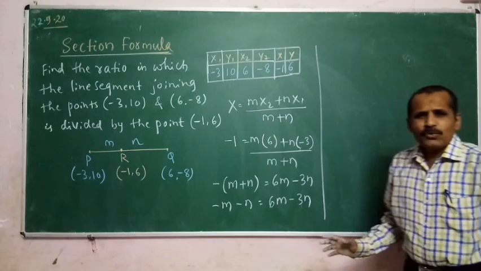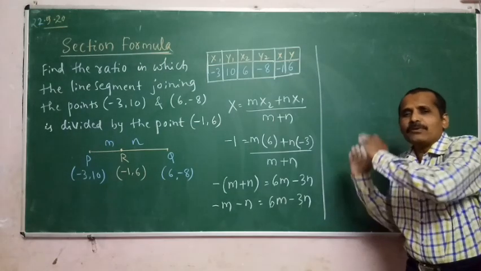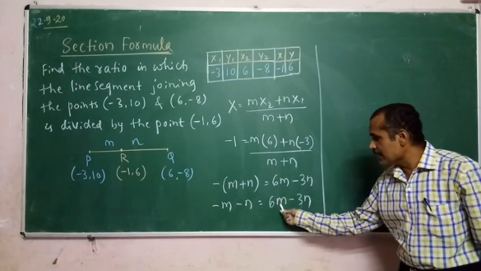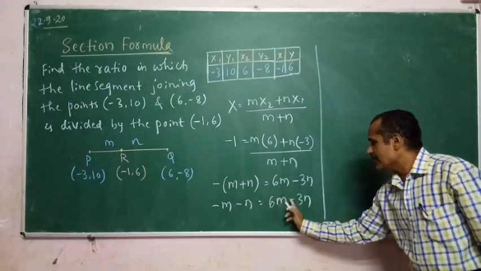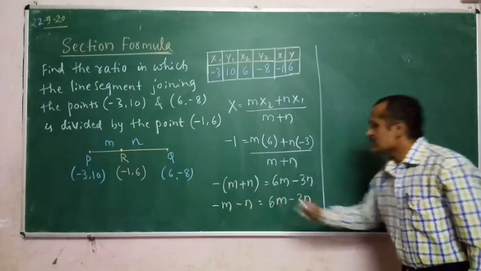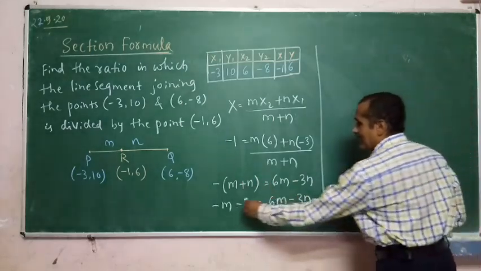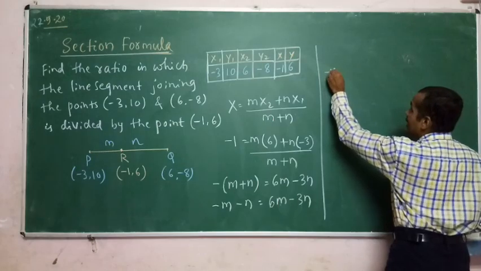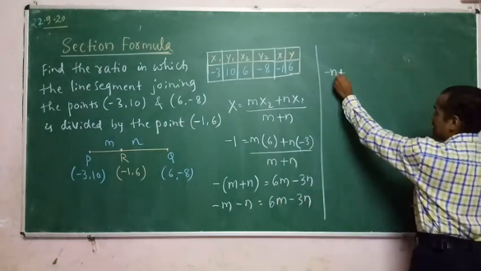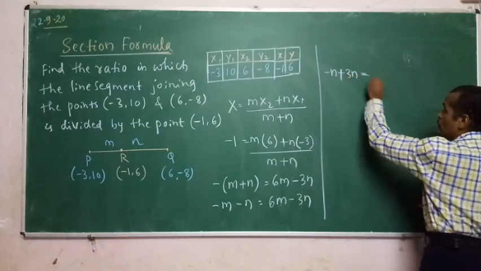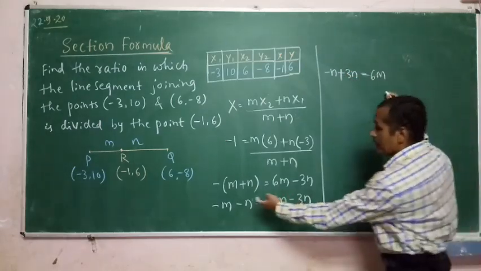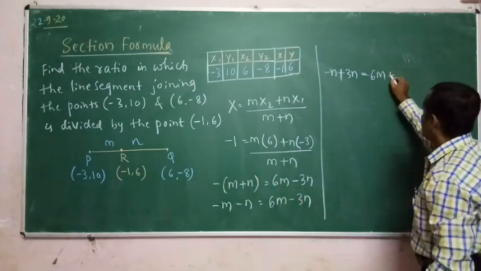Okay? What will I do? I will bring m to one side, n to the other side. Since m is bigger here, I will transfer this minus m to this side, whereas I will take the minus 3n to the other side. What happens then? Minus n plus 3n, transferred to LHS, plus 3n is equal to 6m plus m plus n.